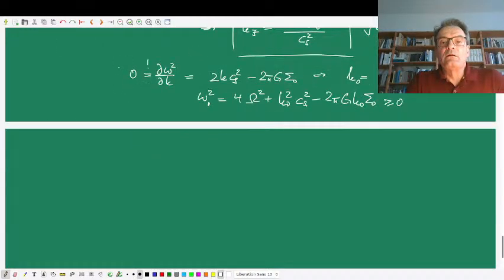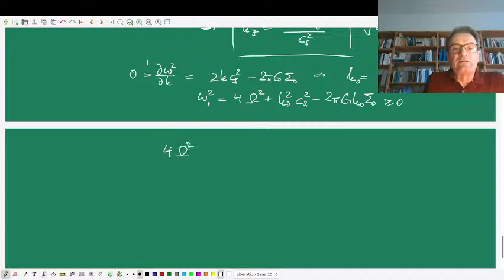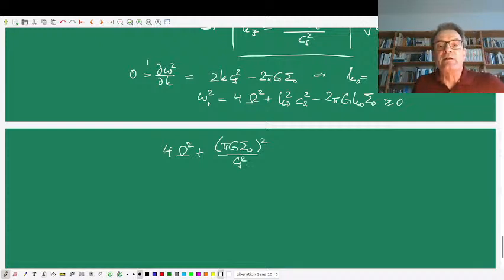All right, now let us insert finally the k0 square that we have just derived. Then we get that 4 omega squared plus, okay, now the k0 squared. So this is pi g sigma 0 squared. And now we have cs squared in the denominator and cs squared in the numerator, so we have divided by cs squared here.